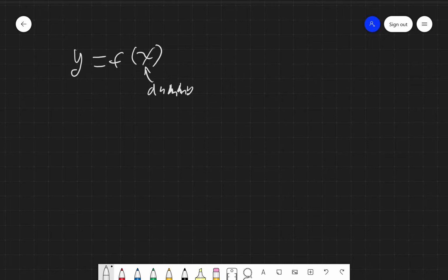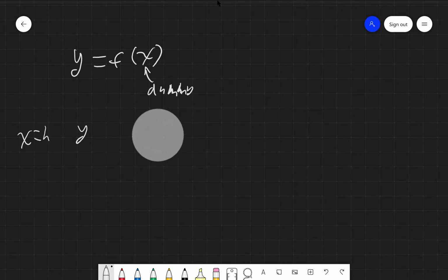Now, what's a parametric equation? A parametric equation is where we define y and x both as functions of t. So instead of this, we'll have y equals g of t and x equals h of t.